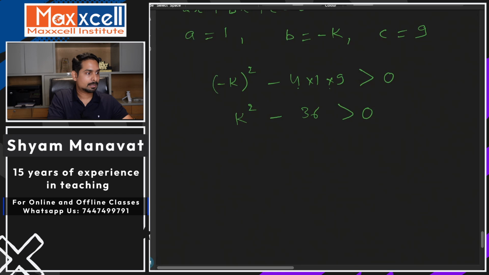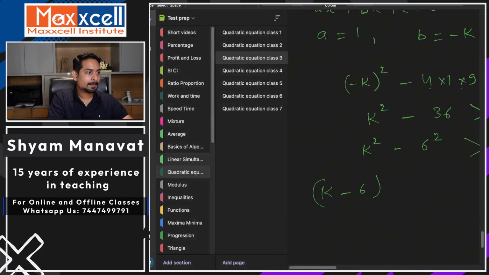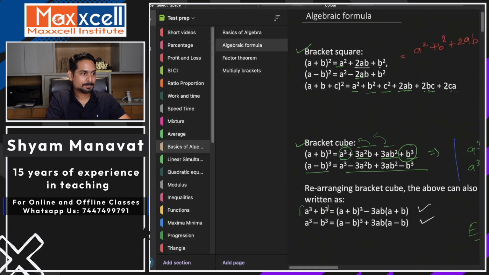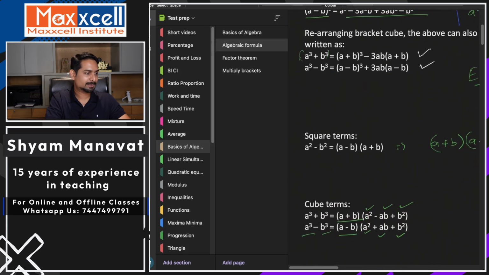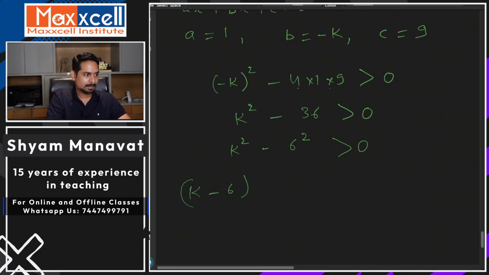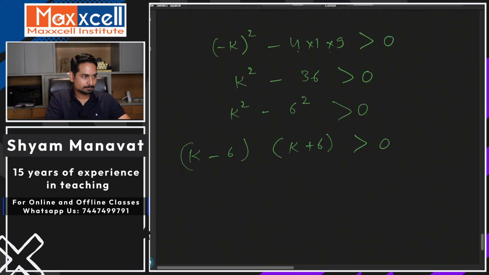So because of that, this is k square, 36 is 6 square, so this is k square minus 6 square, basics of algebraic formula, a square minus b square, a minus b, a plus b, greater than 0.